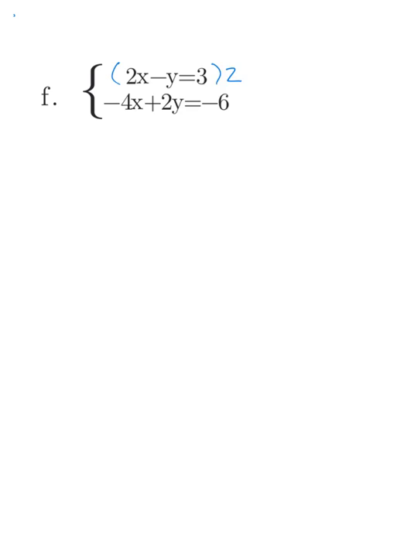So if we go ahead and do this, we get 4x minus 2y equals 6. The bottom equation, remember we said that we're going to leave that one the same because it already has the 2 for the y. And so we have negative 4x plus 2y equals negative 6.